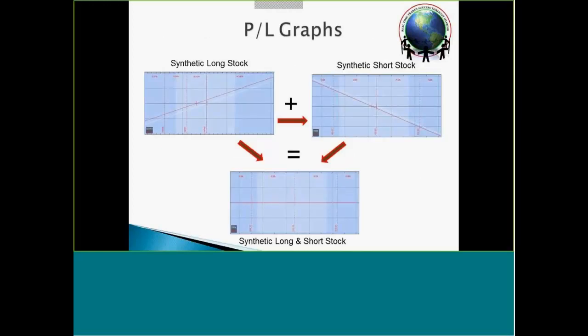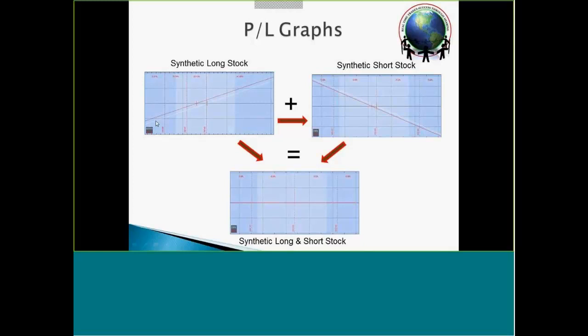So this is a little picture I put together just to show you how the long stock synthetic versus the short synthetic position look, and how they work together. Have you looked at a profit and loss graph on Thinkorswim? You're probably familiar with this.